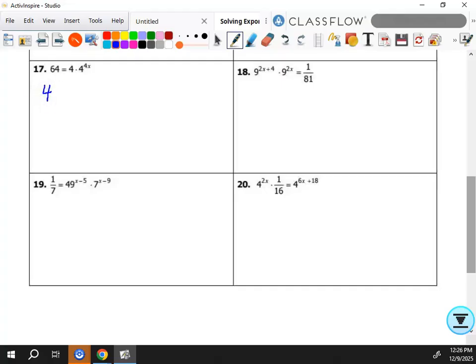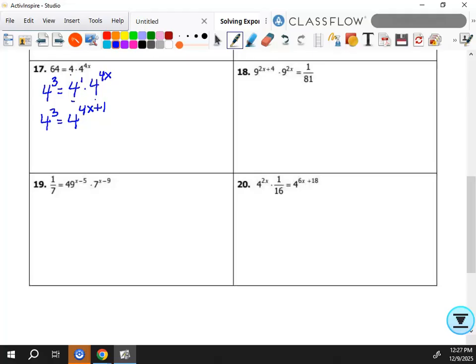This is 4 to the third power. This actually means 4 to what power? The first times 4 to the 4x, right? And if I multiply two terms with the same base, what do I do with the exponents? Add them. So this is 4 cubed equals 4 to the 4x plus 1 power.